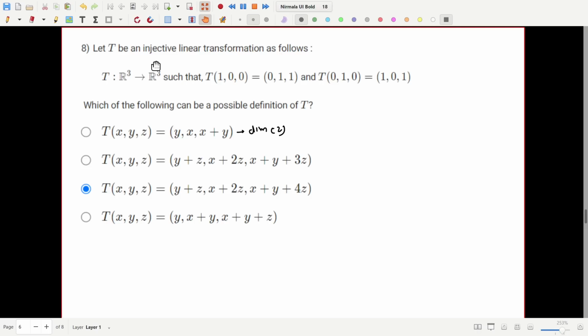Next is an injective linear transformation as follows. From R3 to R3, there is an injective linear transformation. Which of the following can be a possible definition of T? So let's check.